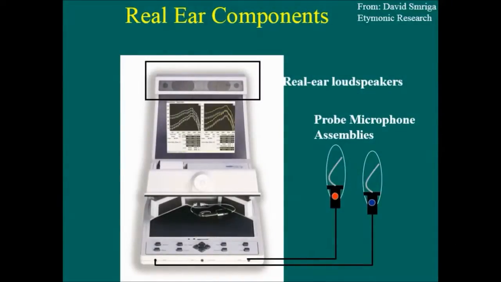And as we said earlier, you've entered the client's hearing levels into the computer. You've hooked the hearing aid up to a box which is connected to the computer, or you might do it wirelessly.